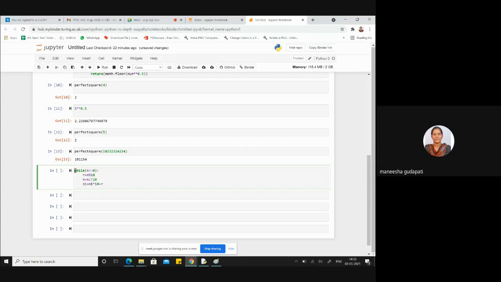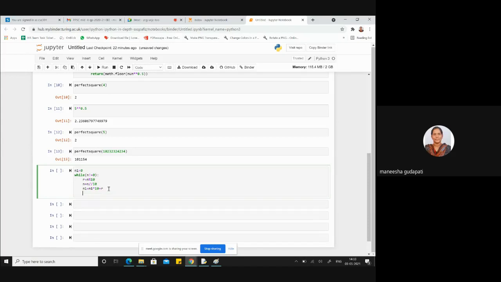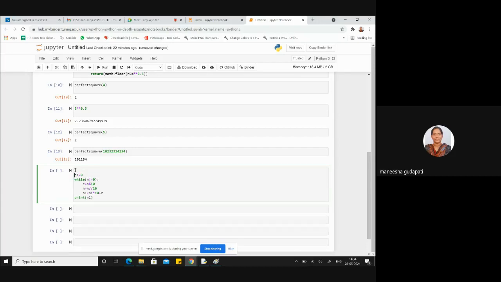So initially you initialize it with n1 equal to 0. After completing this, simply print n1. This is how you perform the palindrome, yes or no?